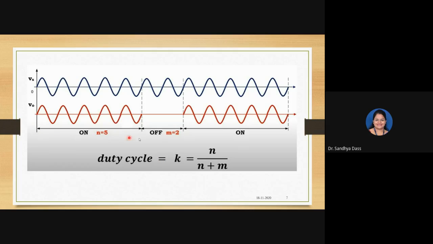That is, the supply is connected to the load and the supply is disconnected from the load. So duty cycle is given by K is equal to N by N plus M.